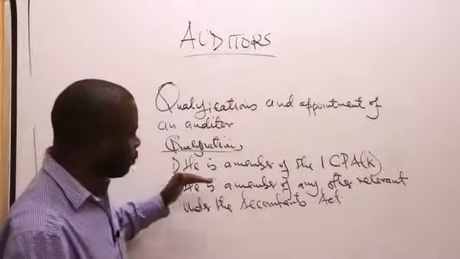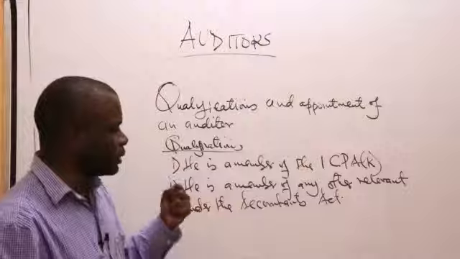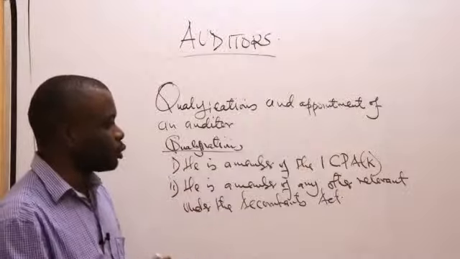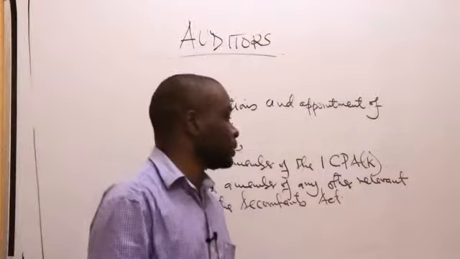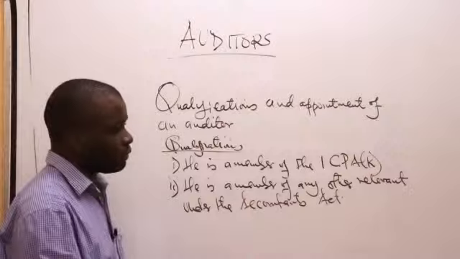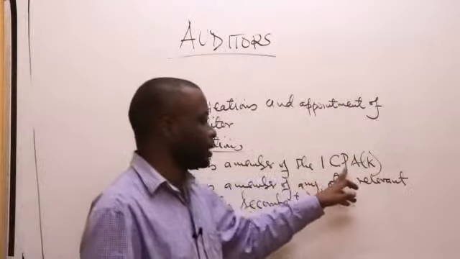Apart from being a member, under the Accountants Act, they could look at any other relevant qualification that can make you able to provide auditing services. Maybe you've done a foreign qualification that can be recognized in Kenya, like ACCA. In such a case, they could look at any other relevant qualification that ranks the same as having a CPA in Kenya.